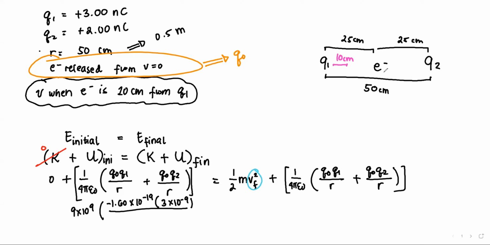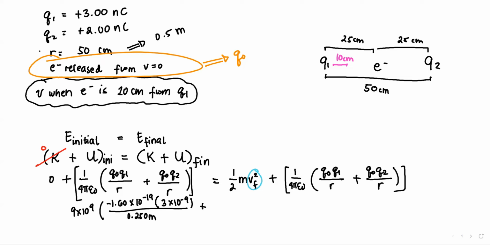Now Q1 and the electron, Q naught, and then Q2. From Q naught to your Q1, it's 25 cm. Converting to m, that's 0.250 m.